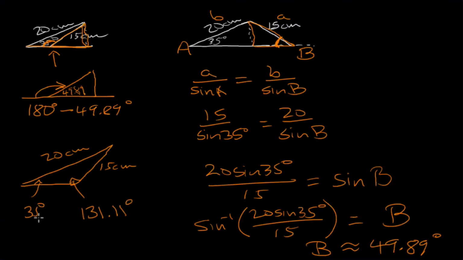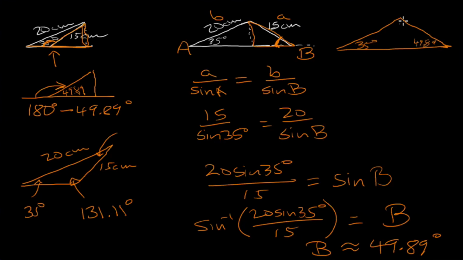Now that I have these two angles, I can find the third angle by using the fact that angles add up to 180. Same thing up here. Once I know this angle, I can look at the whole triangle. I know that this is 35 now, and I know that this is 49.89.